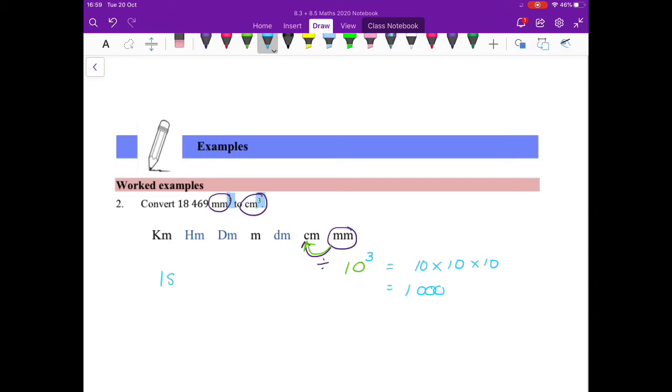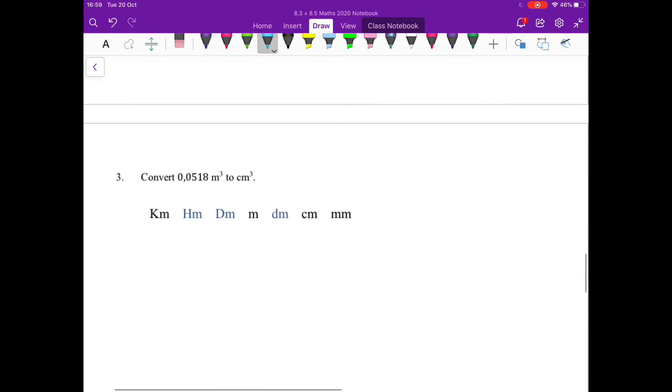So I've got 18,469 millimeters cubed. I'm going to divide it by 1,000, so now I'm going to the left. I could put a comma there and still not have changed the value. So divide by 1,000, 1, 2, 3 bunny hops. My answer is going to be 18,469 centimeters cubed. There's no test your understanding on this.